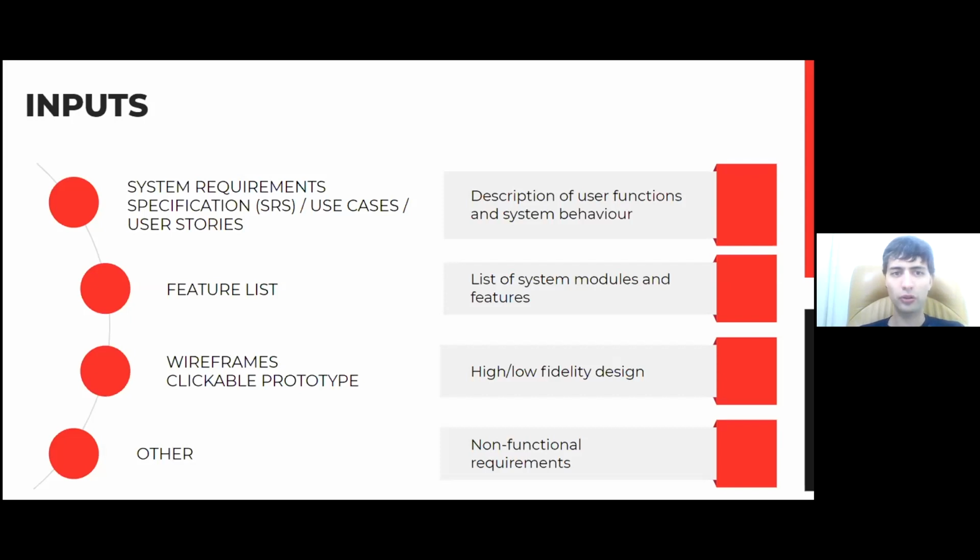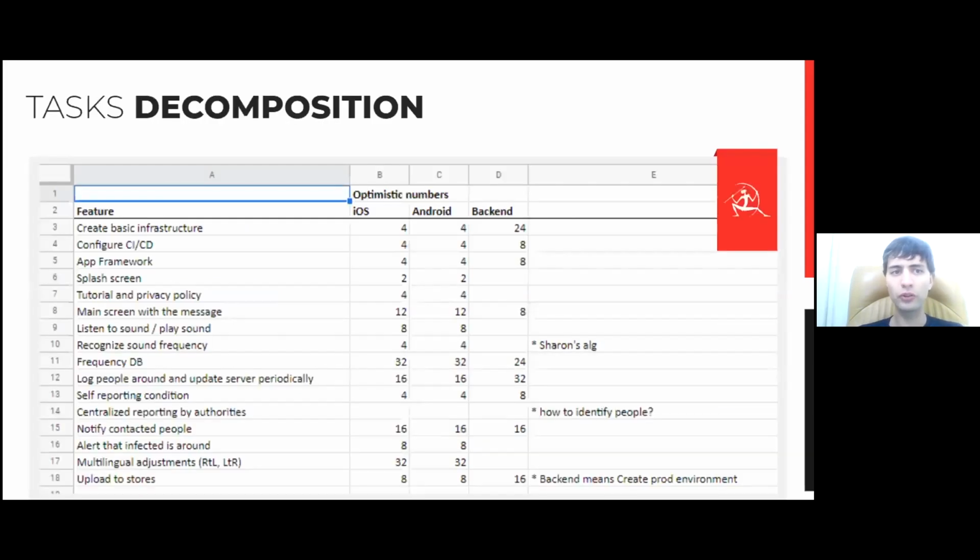All right. So when we have all of this, we can start decomposing the features into smaller details, into tasks, and we can also extract risks during this process. So our initial draft estimate usually looks like this.